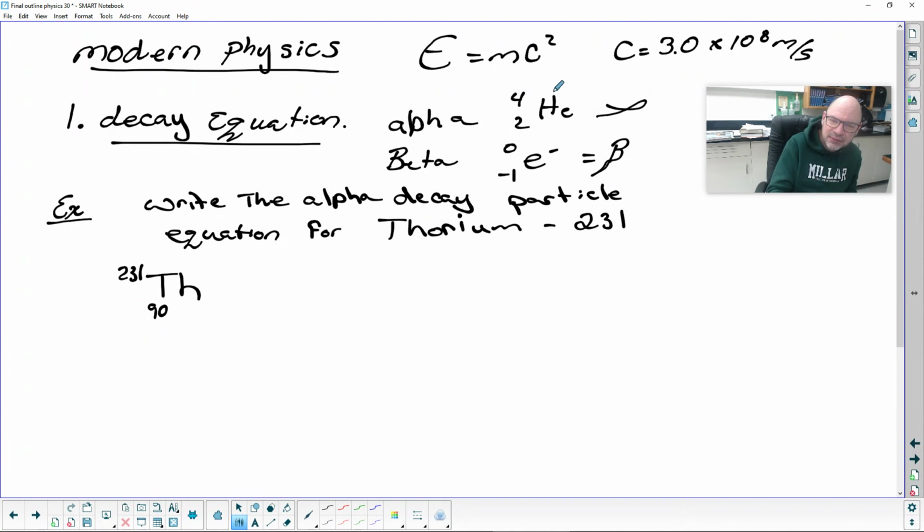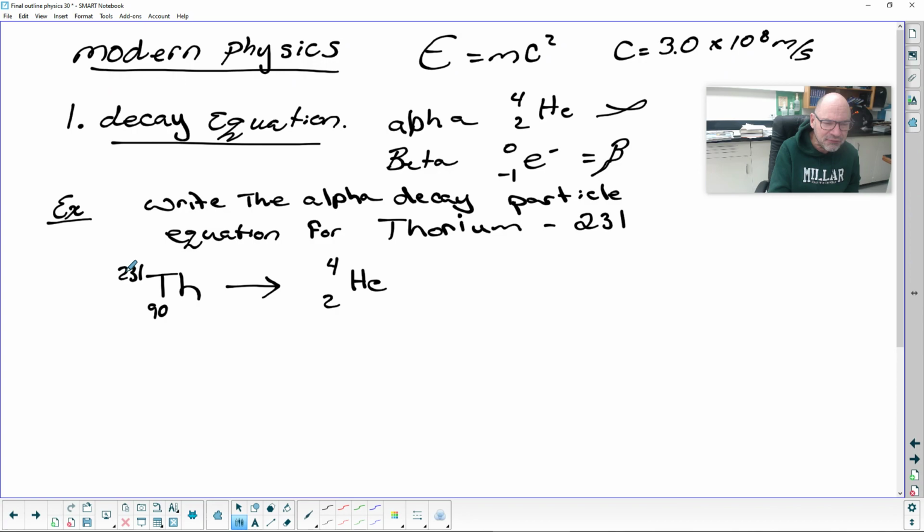And then you would decay it. Decaying it means it's going to transmutate, or change into another type. It's going to give out an alpha particle. You could put either that symbol or helium, doesn't matter to me, both are correct.